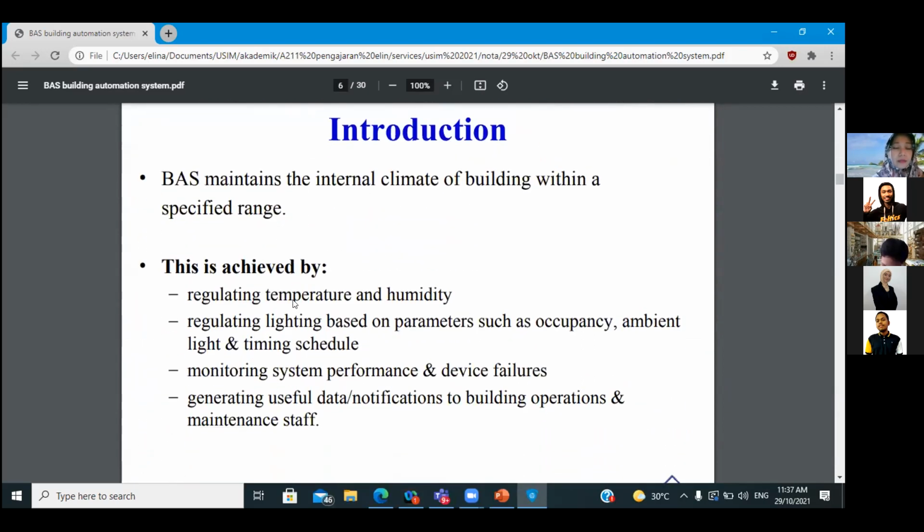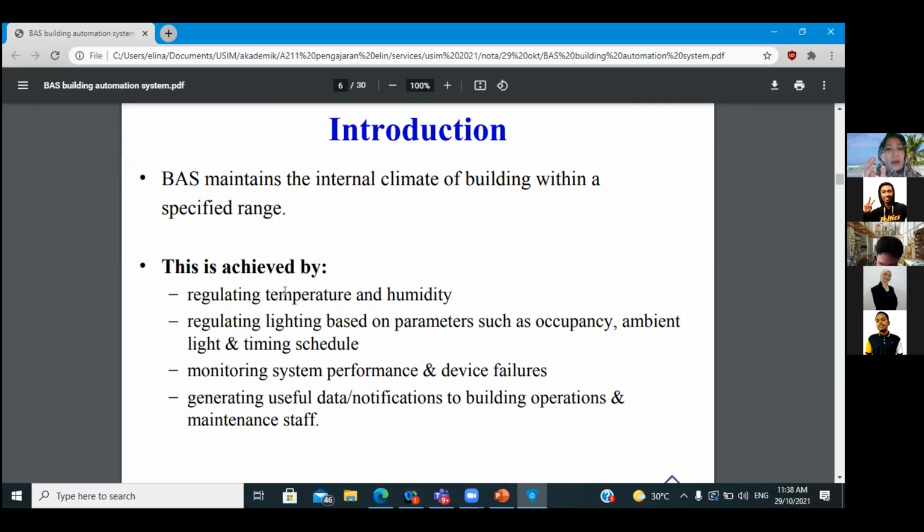This is what you need to read. Okay, this is to be achieved. What's the temperature and humidity? If you have a green wall and everything, you need humidity control for the house. Temperature: if it is very hot that day, the sensor will automatically turn on maybe the filtration, the extract fan. You can regulate that.